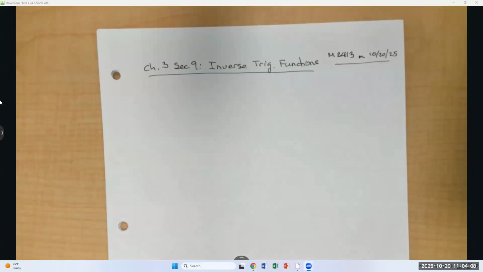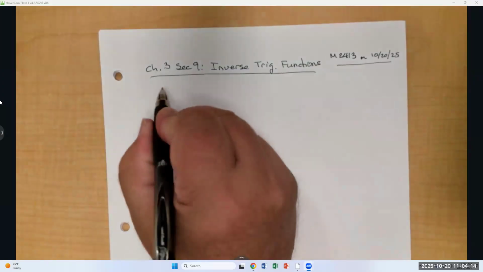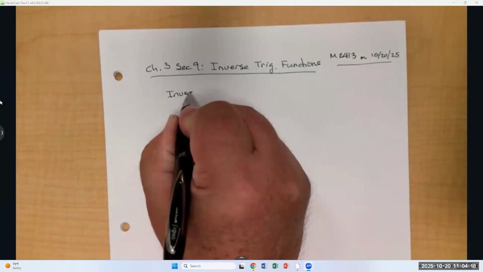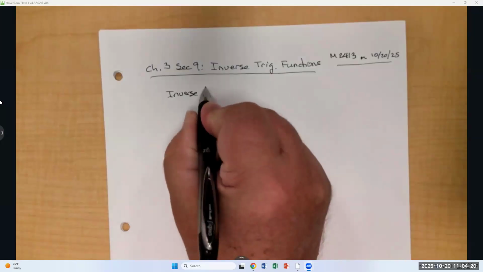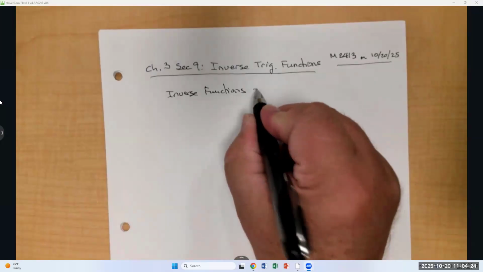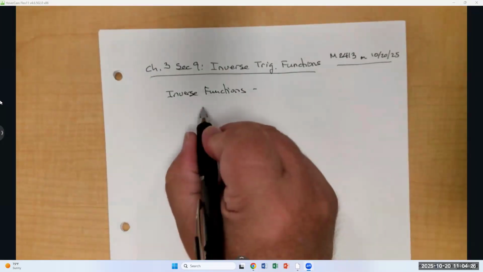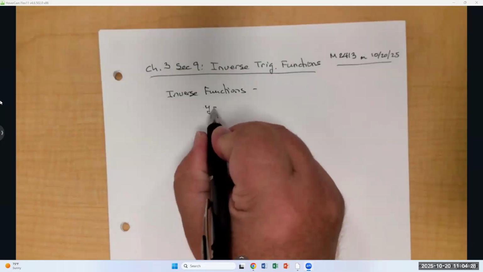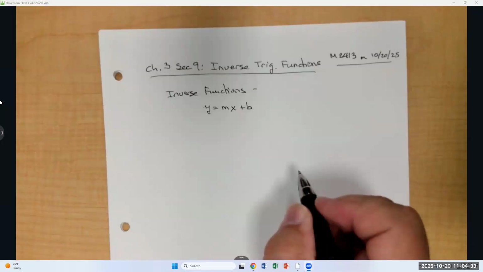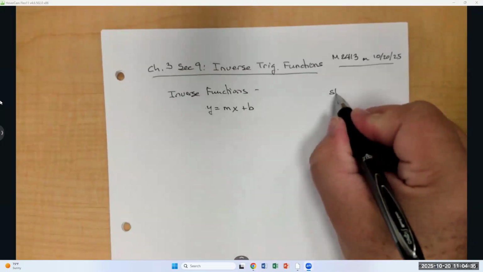All right, let's see what we have here. In the last section, we learned inverse functions of algebraic equations, and the steps to find it.